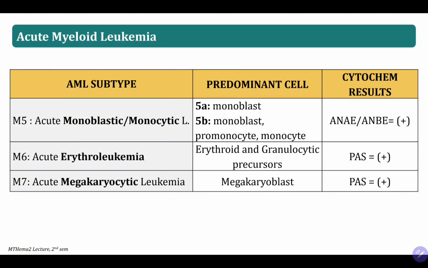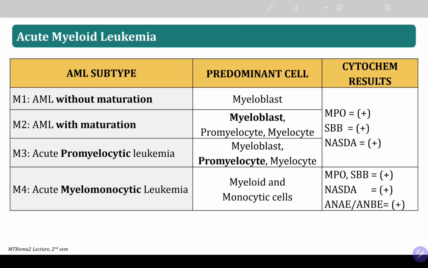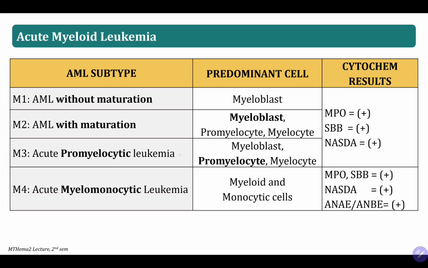Just remember guys that yung pinaka-common na laging tinatanong sa board exam ay si M3. Okay? Which among the AML subtypes is associated with the DIC? Ang sagot, si APL. Okay? Tapos, sino din yung associated kay Auer rods? Siya din, si APL. Okay?